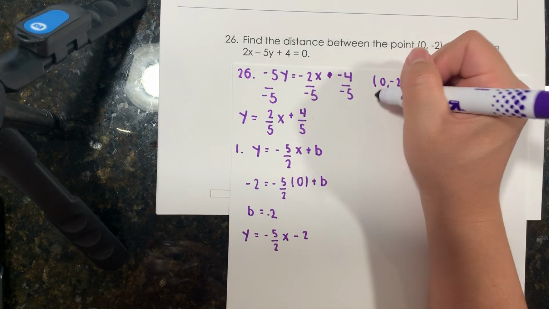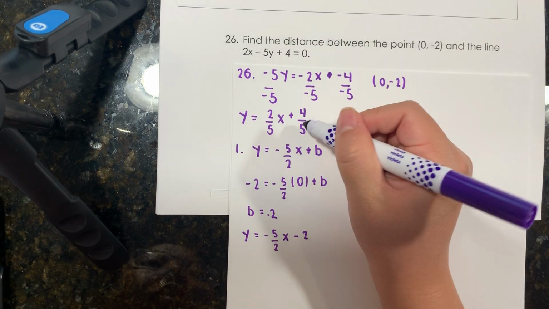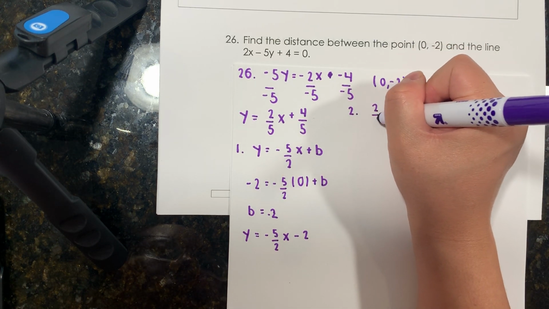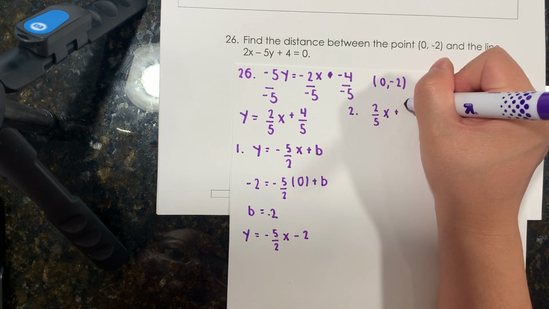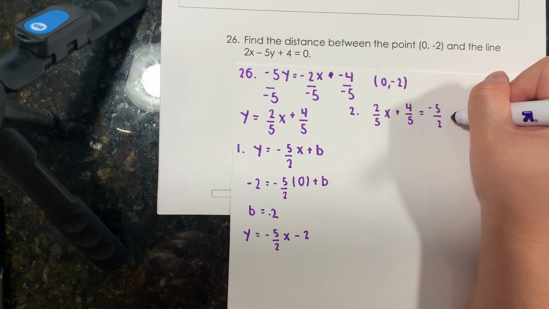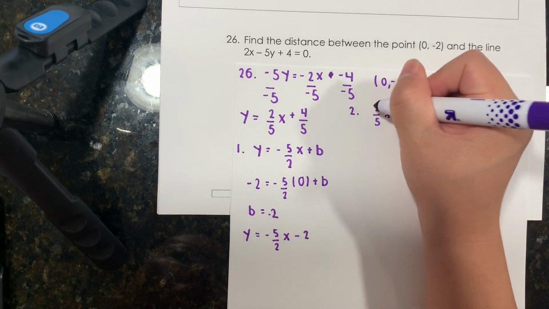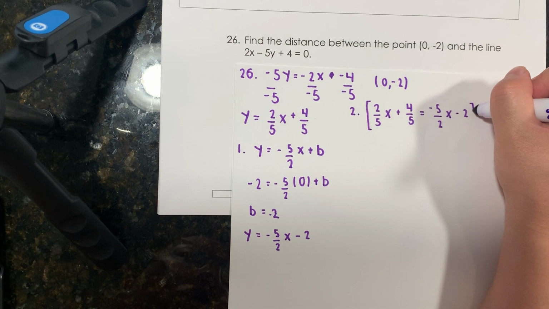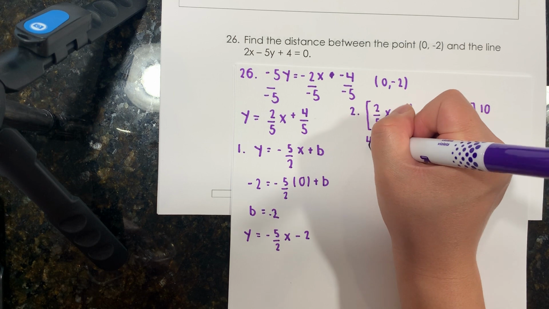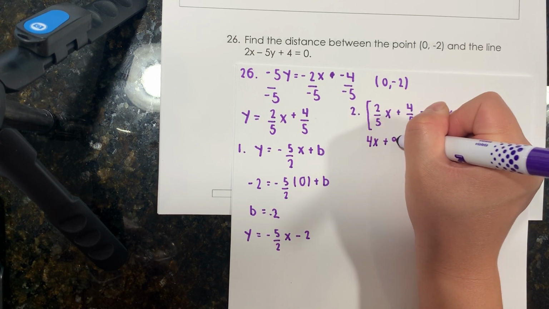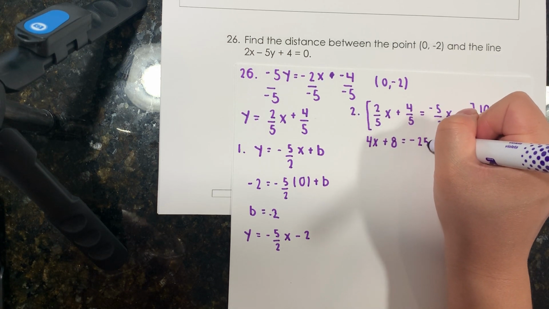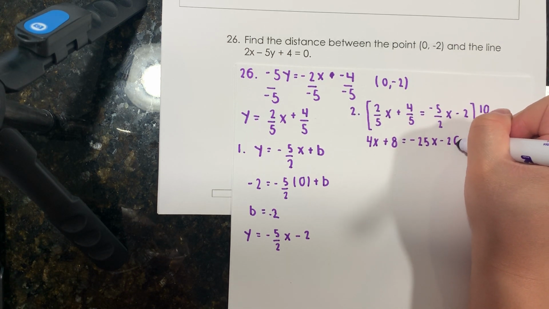Now step 2 is to set these two lines equal to each other, my original line and my perpendicular line. So I have 2 over 5x plus 4 over 5 equals negative 5 over 2x minus 2. I want to eliminate the denominator by multiplying this whole thing by 10, which would give me 4x plus 8 equals negative 25x minus 20.